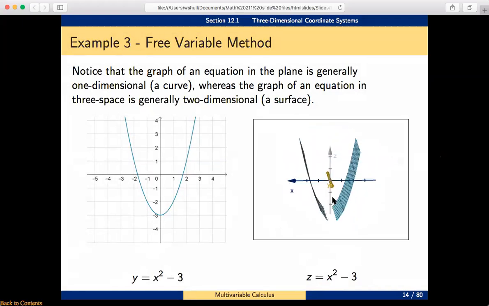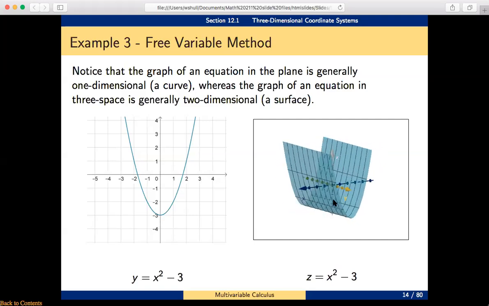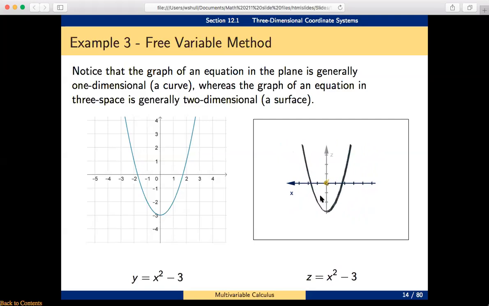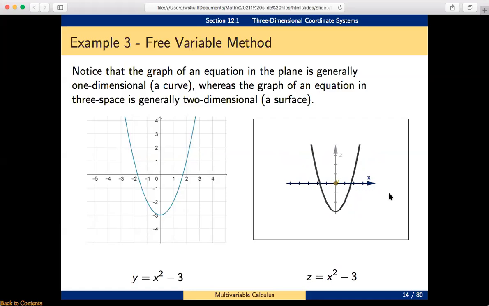So let me just do a little bit of rotating here. Okay. So if you look just from the, say, the positive y direction, now we have the positive x direction going to the left, but we still have this parabola. On the other hand, if we rotate it 180 and we're looking from the negative y direction, again we have the same parabola as we do on the left side of the screen.